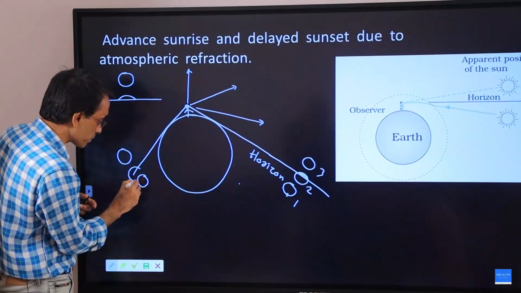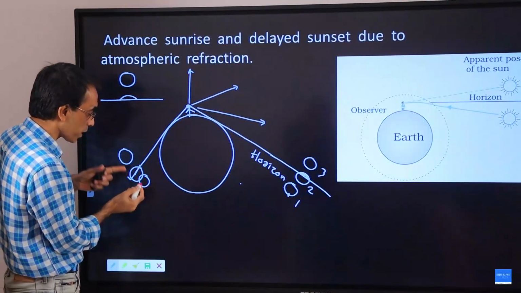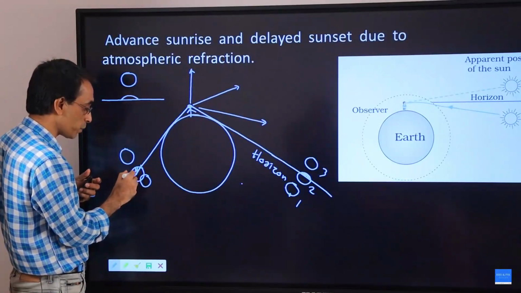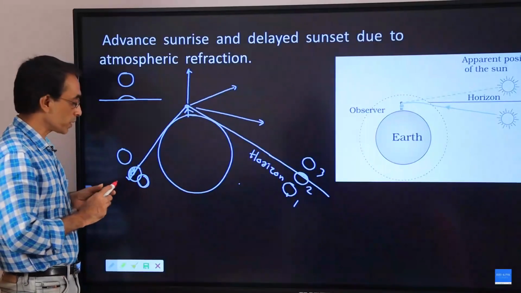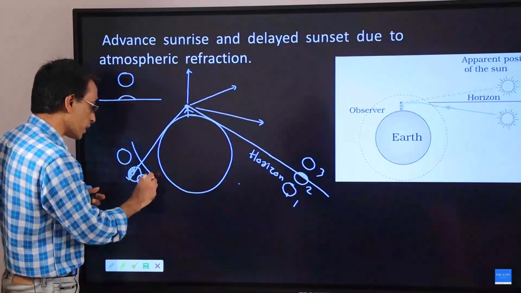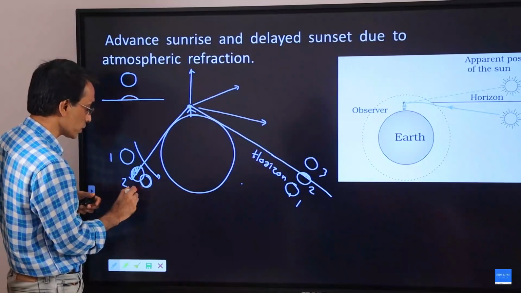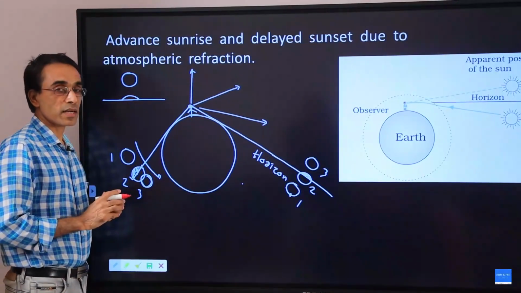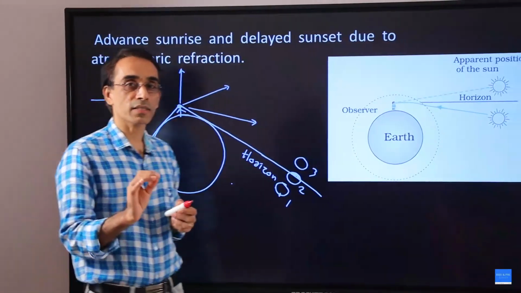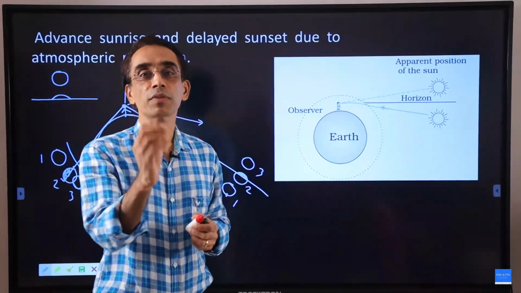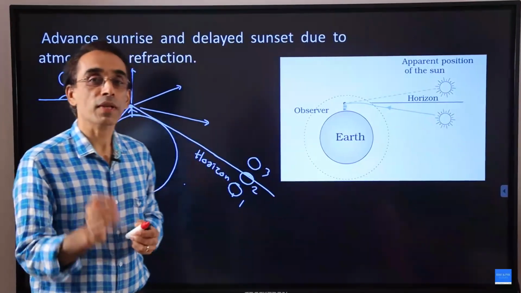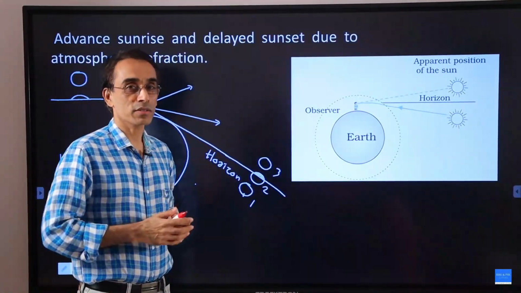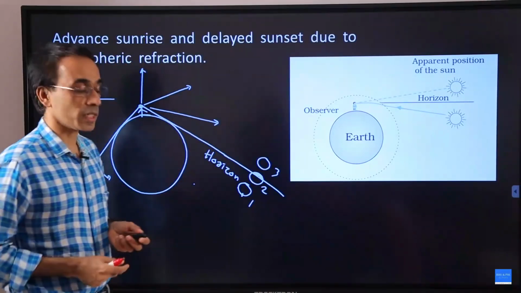Suppose it is partly below the horizon, partly above, then this much portion will be visible, but when it goes here, it becomes invisible. If the sun is moving in this manner, 1, 2, 3, then we say this is sunset. So sunrise and sunset is just the visibility of the sun above or below the horizon. But atmospheric air can change this a lot. How does it change? That's what we are going to study.